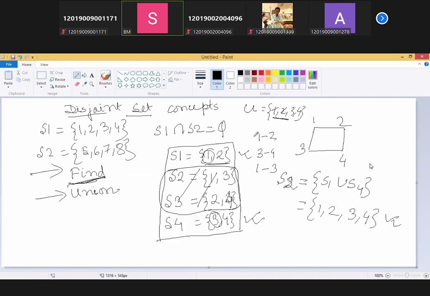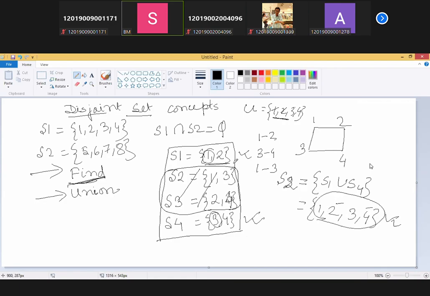Next is the line you haven't checked, that is 2 to 4. Now, while trying to find for 2 to 4, if you find that 2 and 4 belong to the same set, that means it contains one cycle.